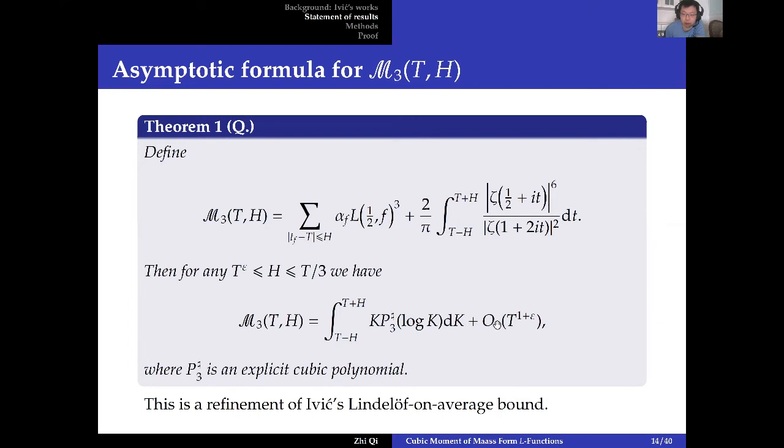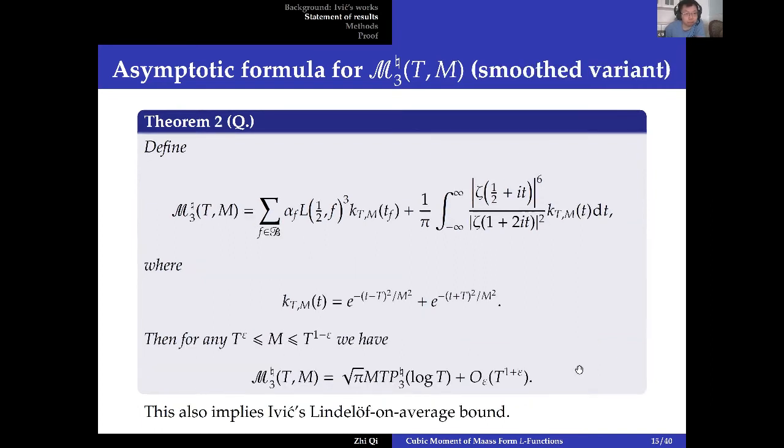The error bound will be T to the 1 plus epsilon here, and the main term will be an integral of K times a cubic polynomial of log K. And this polynomial will be very explicit. I'll explain it a bit later. And a direct consequence of this is the Ivic Lindelof-on-average bound. So you can consider it as a refinement of the upper bound. This is an asymptotic.